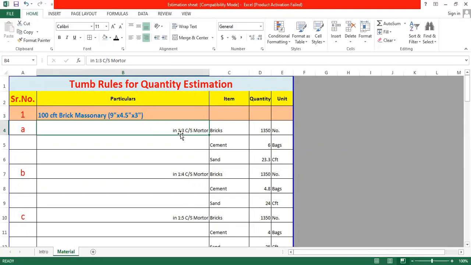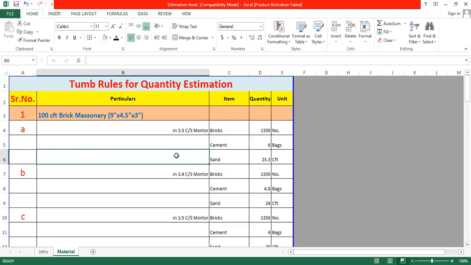The number of bricks required will be 1350, the cement bags required will be 6, and the sand required in CFT will be 23.3. So this is how we can directly find the quantity estimation for different items.